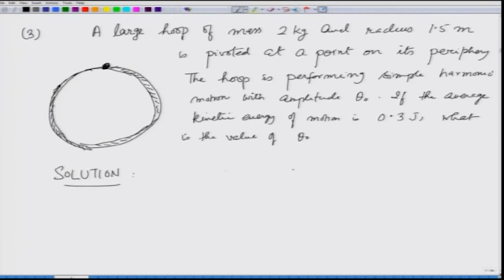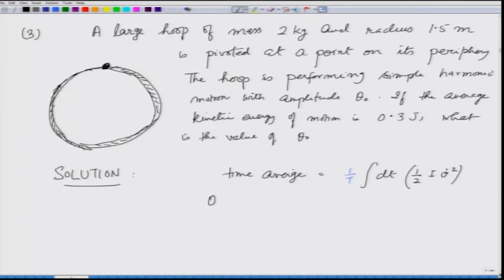The average kinetic energy would be time average, which is 1 by T integration dt of the kinetic energy, which is 1/2 I about the pivot point theta dot square. And let us see what this is.